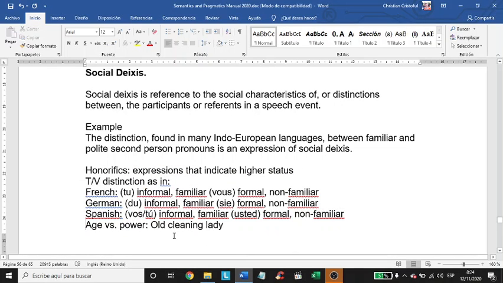Now we have also this age versus power. Okay, the old cleaning lady. Imagine there is a 20-year-old person who has hired a cleaning lady. The cleaning lady is 70 years old. Now, what will the 20-year-old man say to her? Does he say usted or vos?